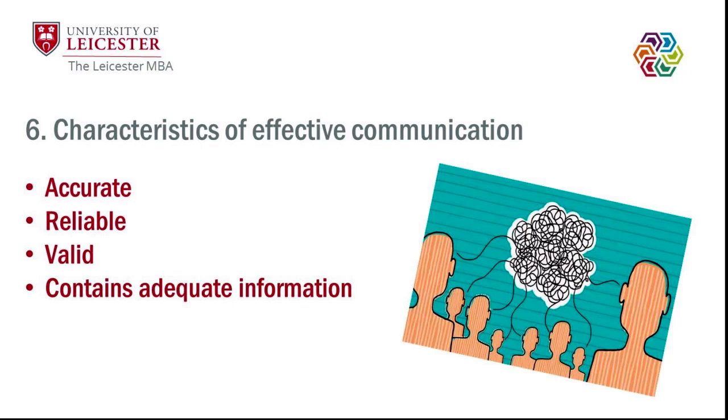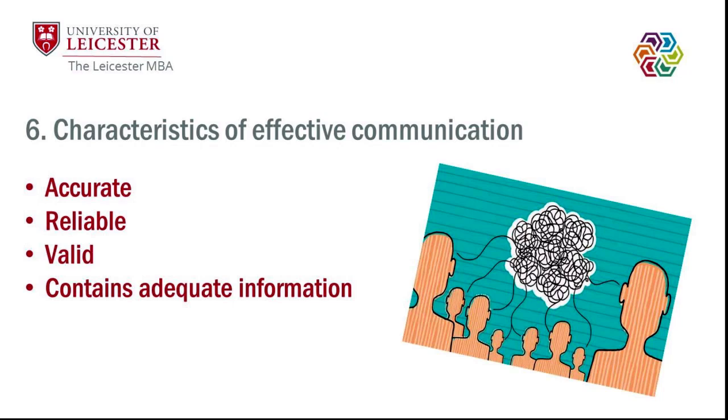So firstly, effective communication is accurate. The message clearly reflects the intention of the sender and is received this way as intended. Secondly, it's reliable. This means that the different people receiving the message at different times would interpret it the same way.